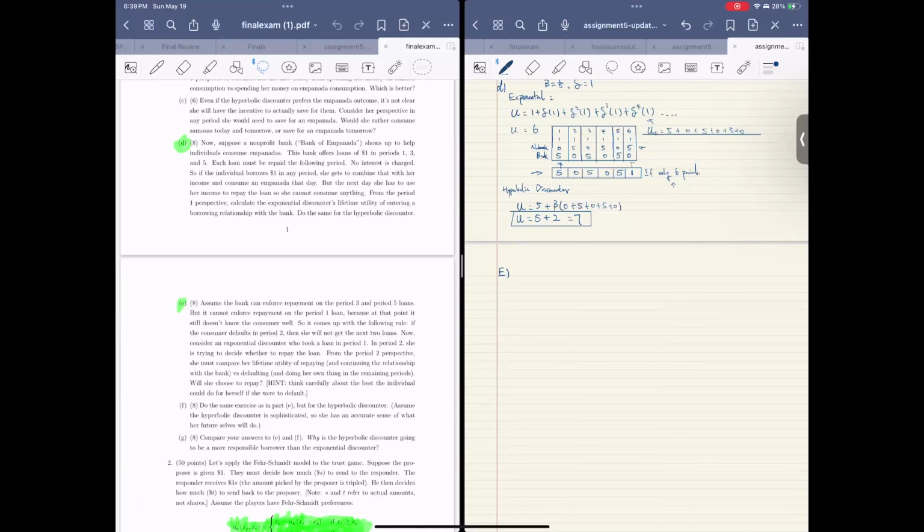Now, consider an exponential discounter who took a loan in period 1. In period 2, she's trying to decide whether to repay the loan. From period 2's perspective, she must compare her lifetime utility of repaying versus defaulting. Will she choose to repay?